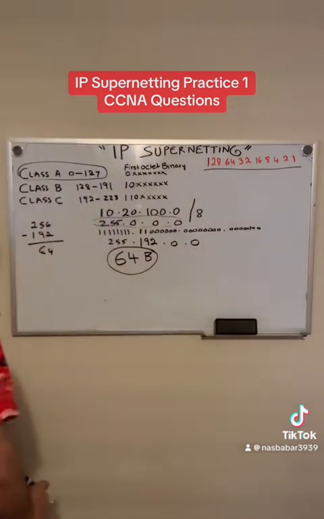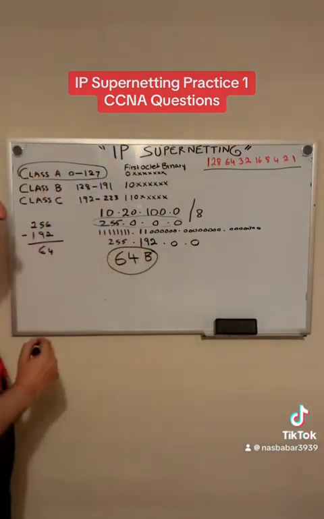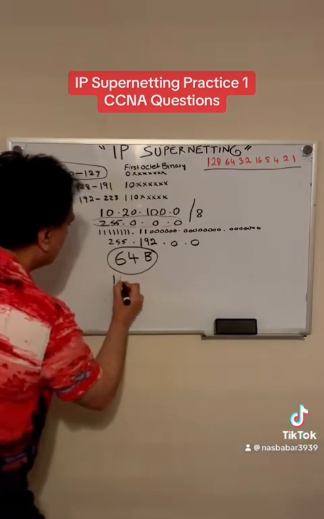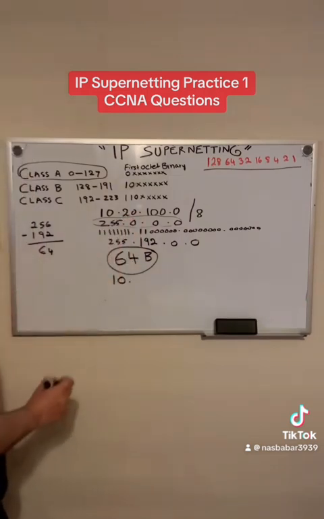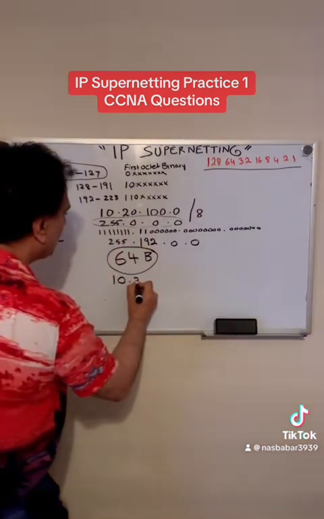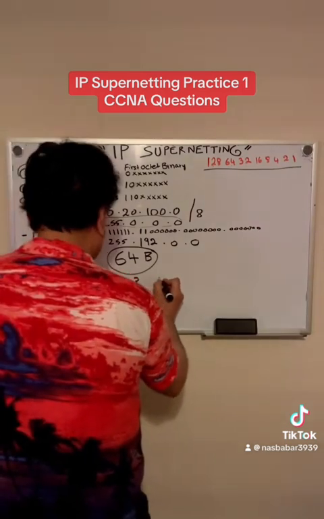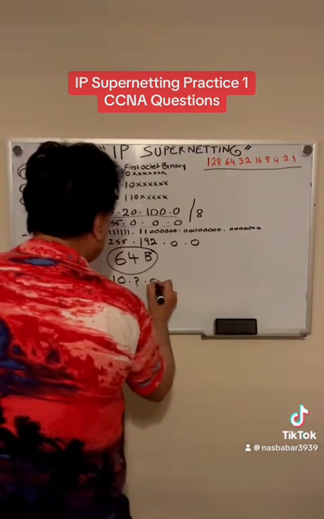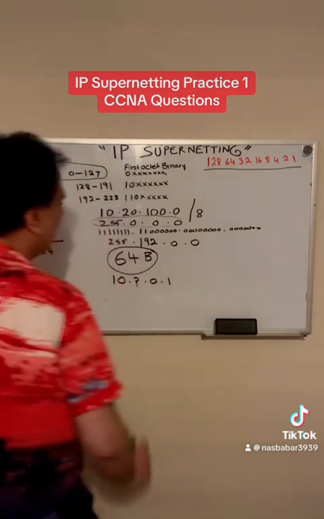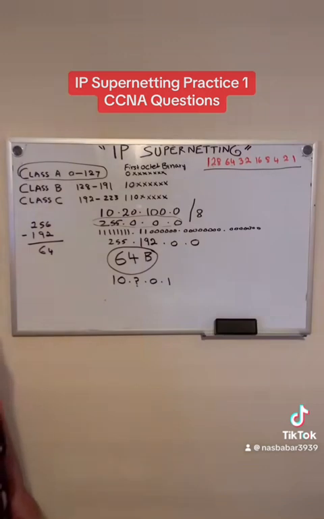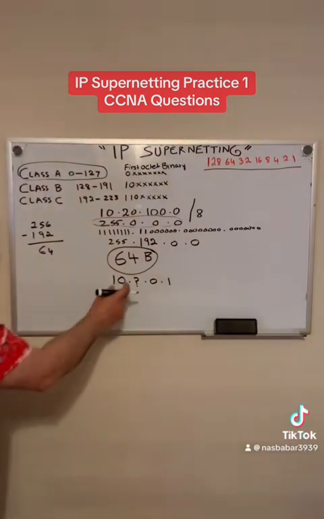So what is going to be my first IP? 10 dot, and I'm going to put a question mark over here, then 0.1. This is going to be my first IP, and I have a question mark in there for you to think for a second. What should this be?